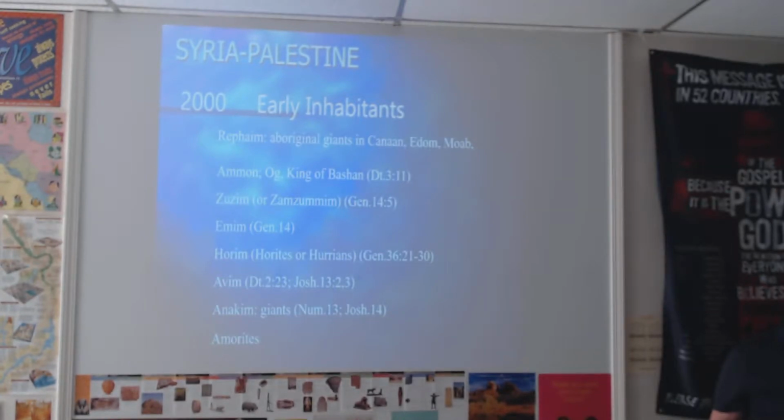All right, some of the early inhabitants of Canaan I bring to you because they do come up in different passages in the Old Testament, and I want you to at least recognize something about them and maybe know how to pronounce their name. The first one is a group of people called the Rephaim. I-M at the end of a word, I think maybe I've told you this before. What does I-M on the end of a word indicate?